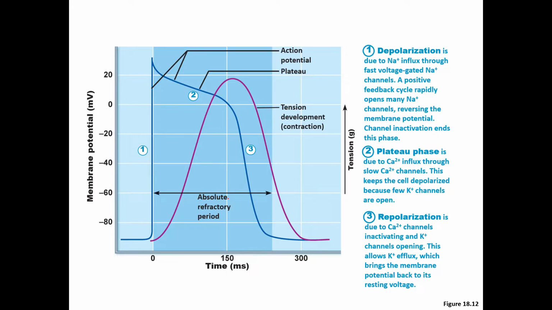Here, you see what I explained. If you see here, number one is depolarization, very sharp going up, and then this is plateau, remains almost the same, not much change, and that is number two, and repolarization is this one, number three.